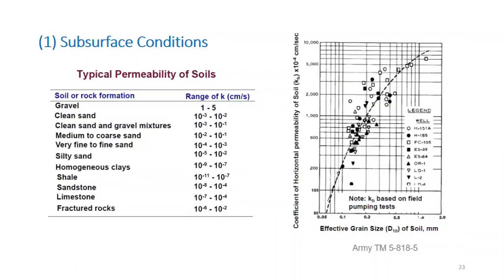So this is just a chart given in the reference. You can estimate roughly the horizontal permeability, because normally with our routine permeability test, we get the permeability of the soil in the vertical direction. So with this chart, you can get an idea about the coefficient of horizontal permeability of soils sometimes, on the basis of knowing the D10 of the soil.